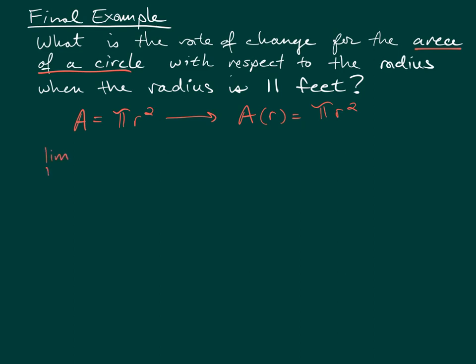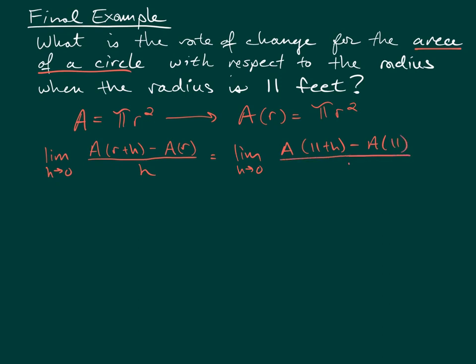Now the limit as h approaches 0 of A of r plus h minus A of r all over h would work just fine, but we have this number 11 that we need to substitute in for this radius. So the limit is actually the limit as h approaches 0 of A of 11 plus h minus A of 11 all over h.